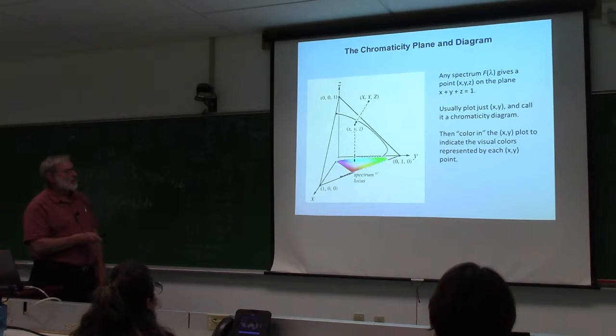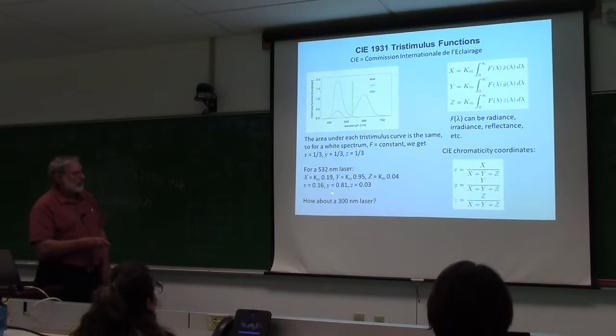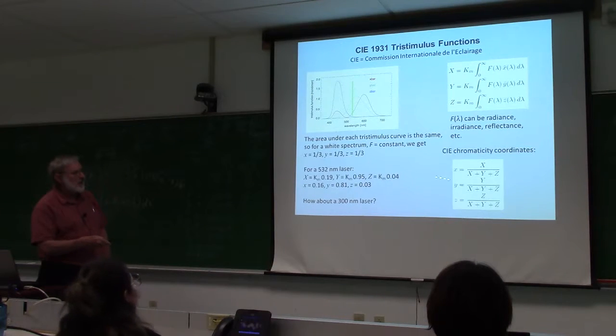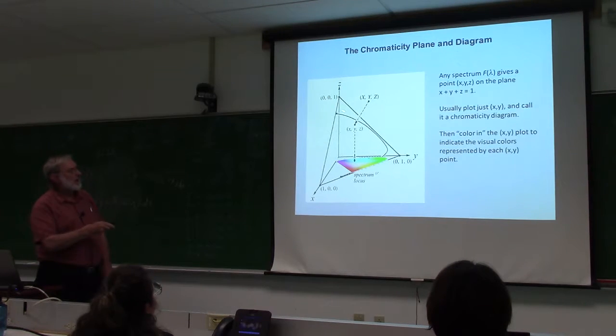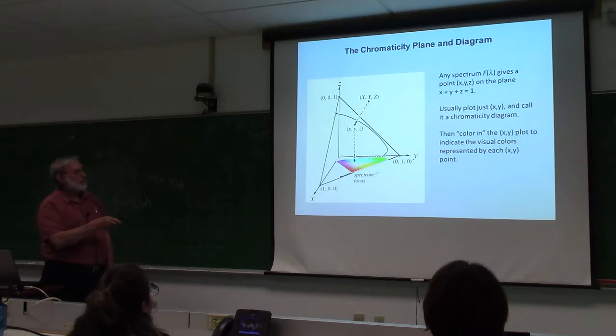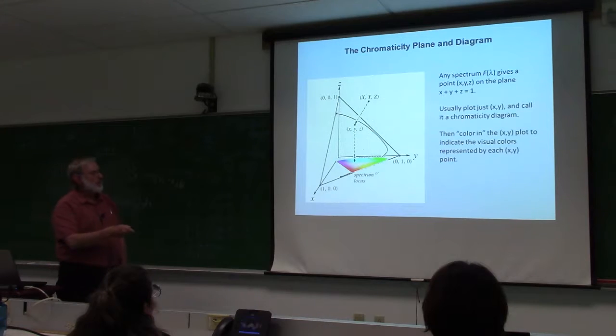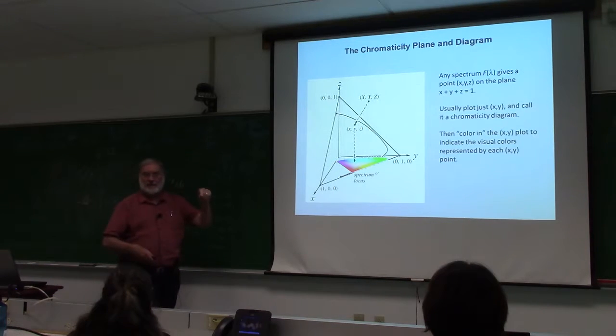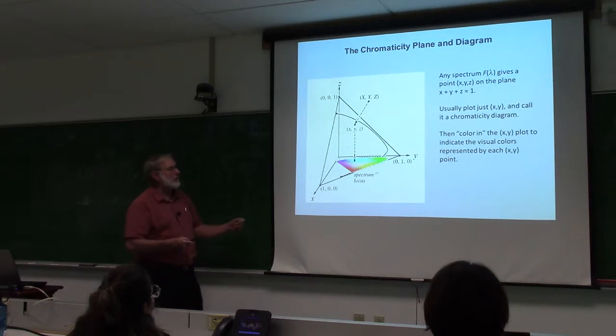Since the little x plus y plus z has to sum to 1, that defines a plane here, and you can take the x, y, z values you got with the capital letters, normalize them, and that gives you a point on this plane defined by 0, 0, 1, 1, 0, 0, etc. Because little x plus little y plus little z equals 1, you only need to know 2 of them, and you can figure the third one.